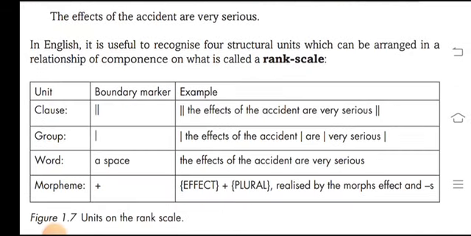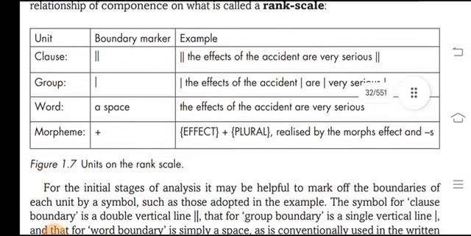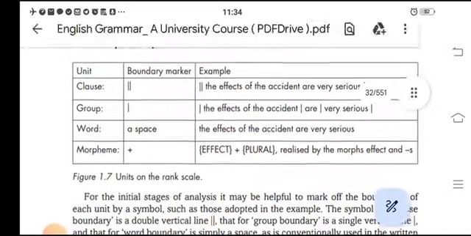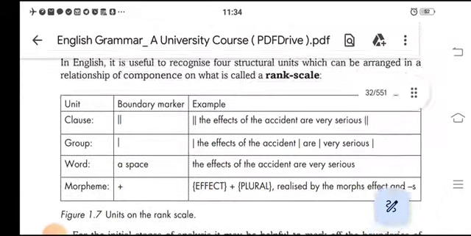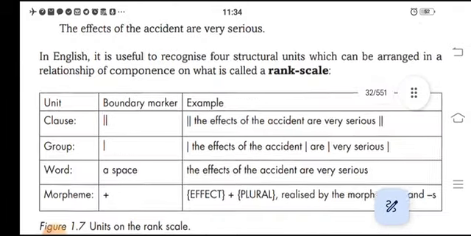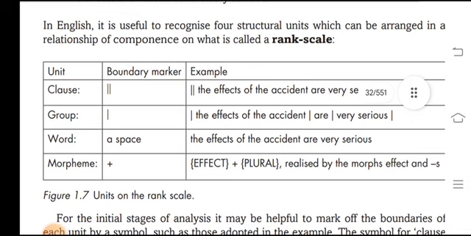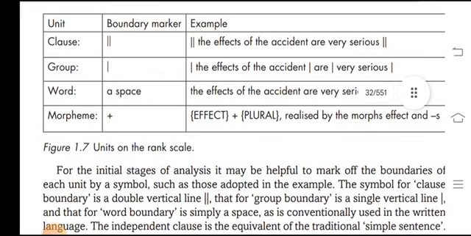In English it is useful to recognize four structural units which can be arranged in a relationship of components on what is called a rank scale: clause, phrase, word, and morpheme.